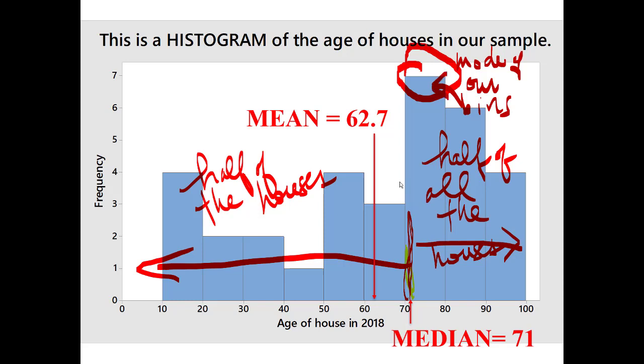However, if we look at the year-in, year-out data, the 33 observations, we'll actually see that the mode is 94. That's because the 94 years appears 3 times in our data set.